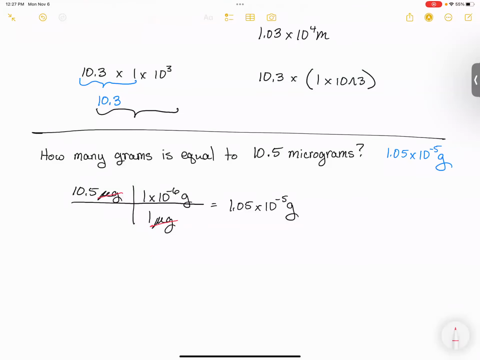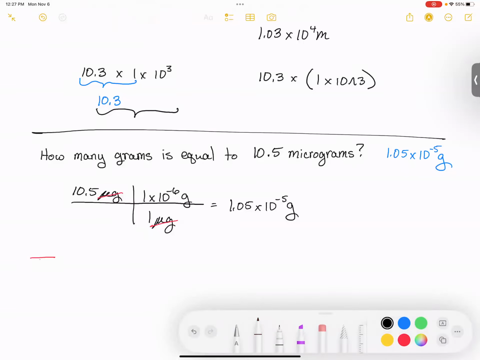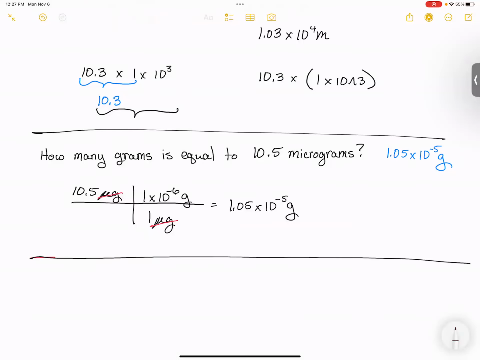You can estimate what the exponent should be. And if you want to learn how to do that, come see me. I will show you how to estimate what the exponent should be if you are struggling.